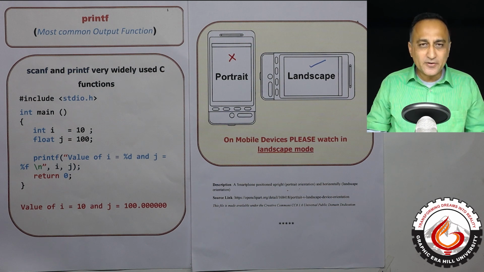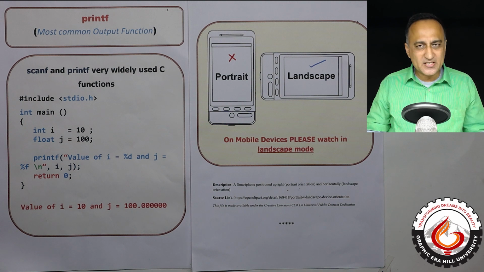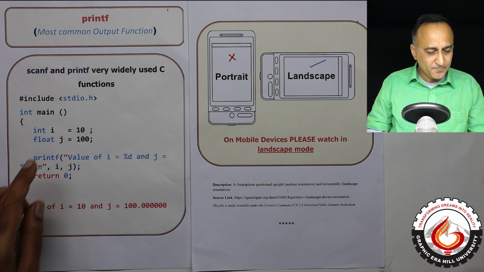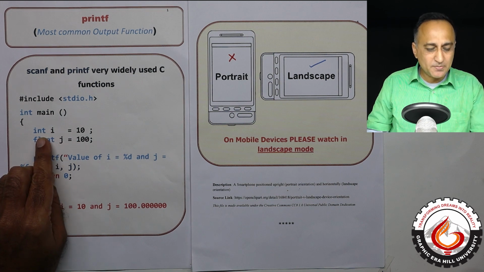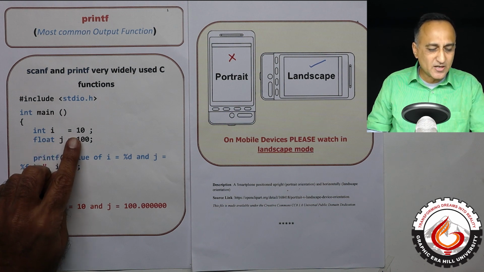So first let's take a look at a program, try to understand how it's working, and then I'll go ahead and explain the printf statement. I have declared a variable i of the type integer. That means it's only going to be full numbers, not fractions. The initial value is 100.